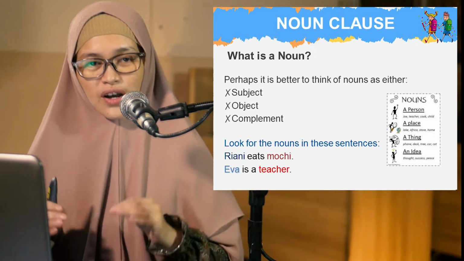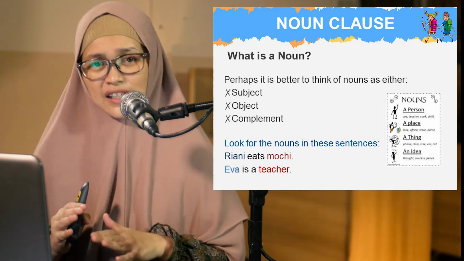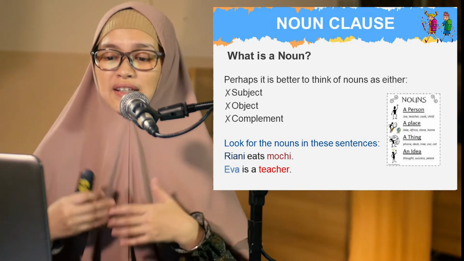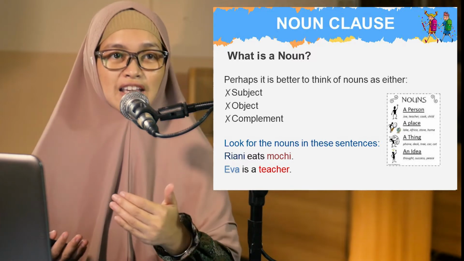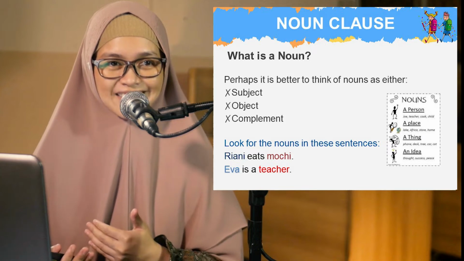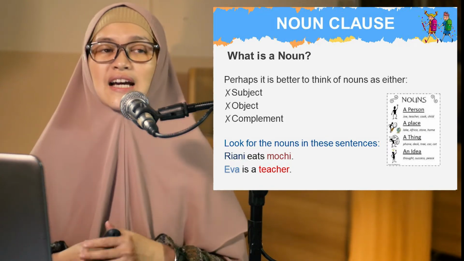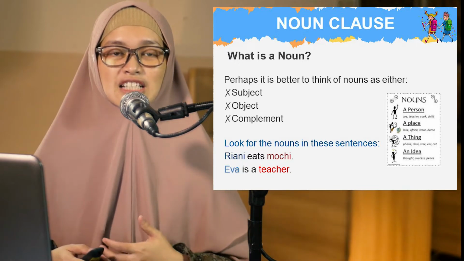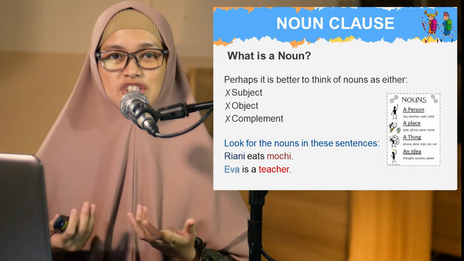Let's take a look at this example. Riani really likes to eat mochi. She always eats mochi. Riani eats mochi. Now, Eva is a teacher. I am a teacher too.